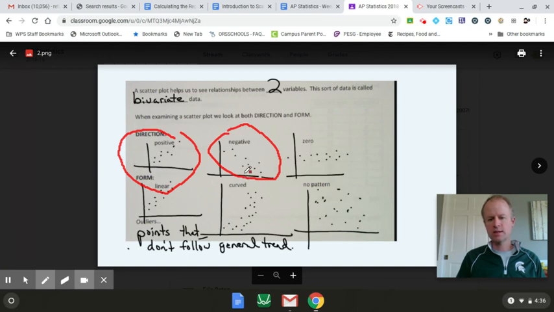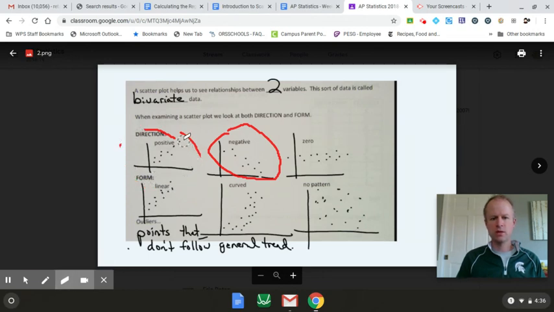Now you notice it's not perfect. Some dots as you go across are bigger than other dots, but in general, it's getting smaller. If you have a scatter plot that has a direction which we would call zero, it's just flat, like a slope of zero. So that's the first thing.